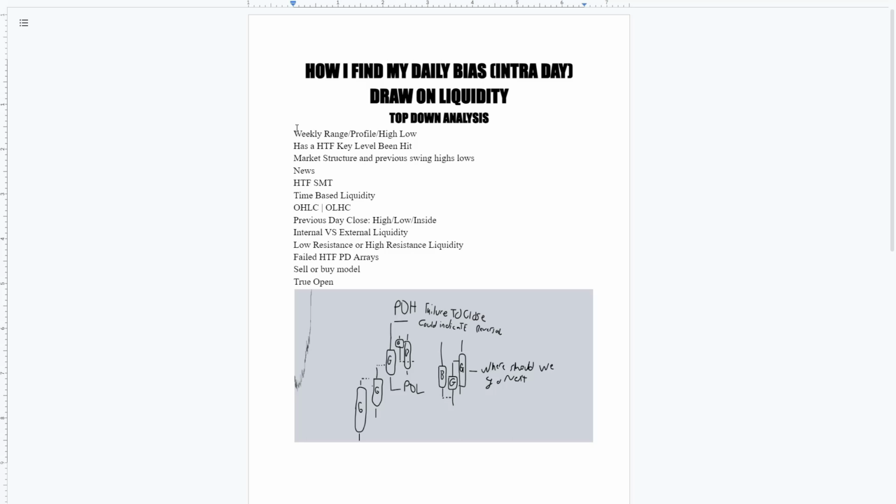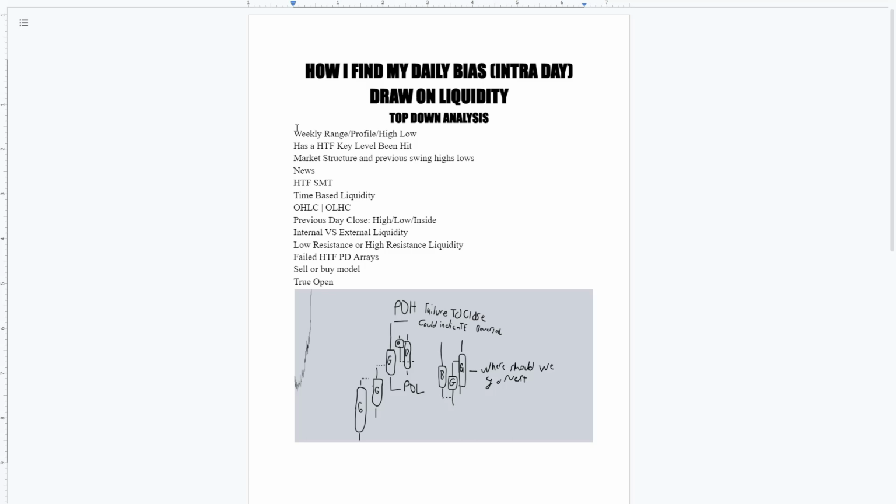We saw market structure, as well as which previous swing highs and lows we should attack and when to attack them, what days to attack them. Tried to keep in mind some news events. Tried to point out high time frame SMTs if we had one, and where it would have been obvious to me if we did.